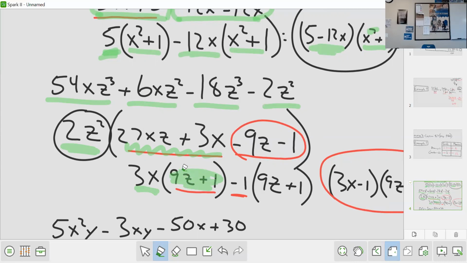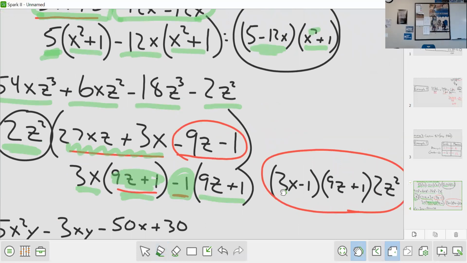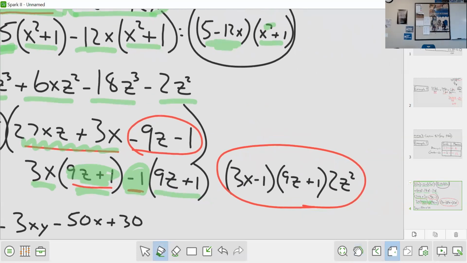All right. And then out of here, I notice this is a 9z plus a negative 9z minus 1. That's really close to this one right here. And so I said, if I could just factor out a negative 1, well, then it turns out to be exactly what I want it to be. And so I end up with my 3x minus 1, which is this term and this term, and I put it right there.